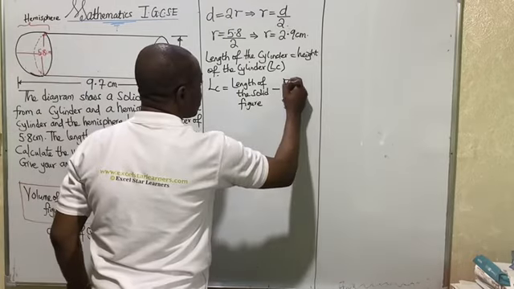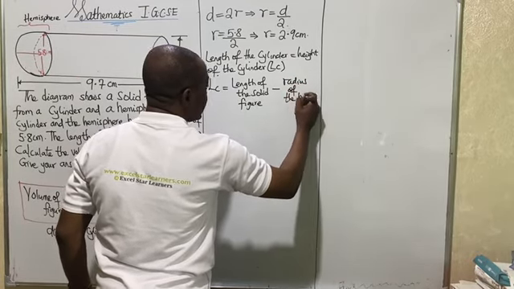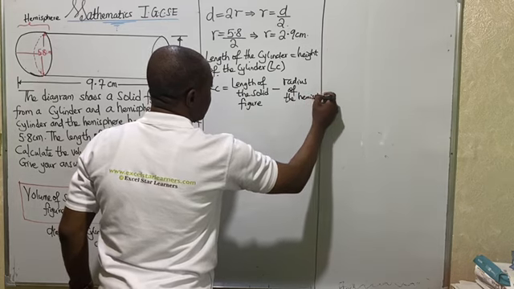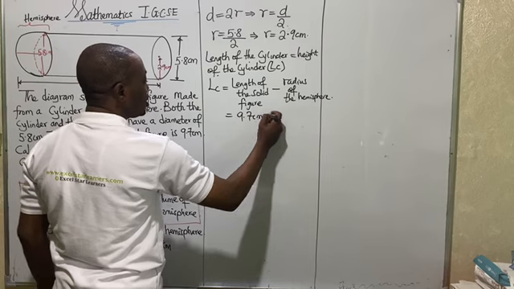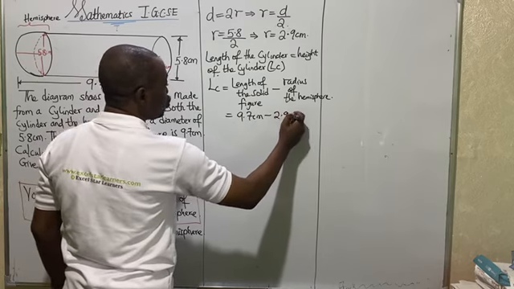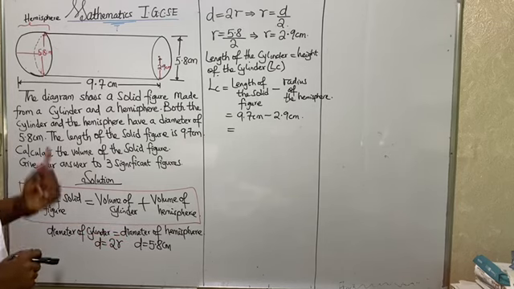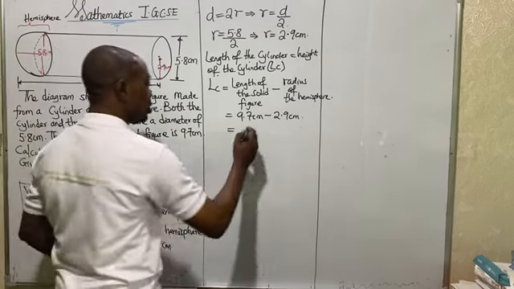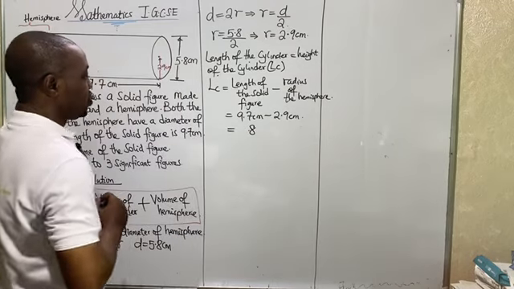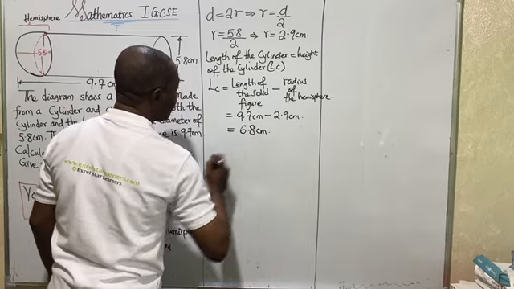So the length of the solid figure minus the radius of the hemisphere will be 9.7 centimeters minus 2.9 centimeters. So 9.7 minus 2.9 is 6.8.